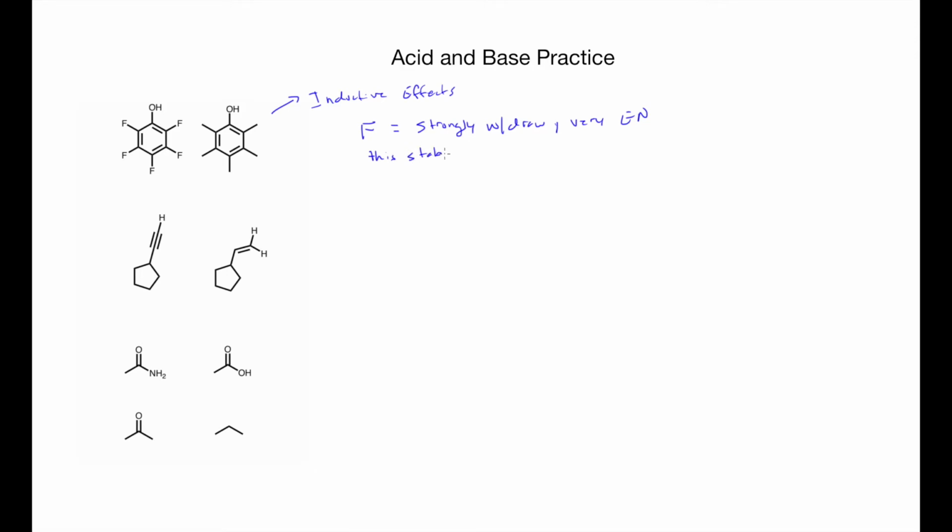What this is going to do is actually stabilize the charge that is on there by pulling electron density away from it. But remember, it's an inductive effect, so it's only through the sigma bond framework. We're not moving pi electrons, right? So we're going to pull electron density away from that charge. This is a stabilizing effect. This means that we're going to make the conjugate base more stable, so that, in turn, makes this more acidic.